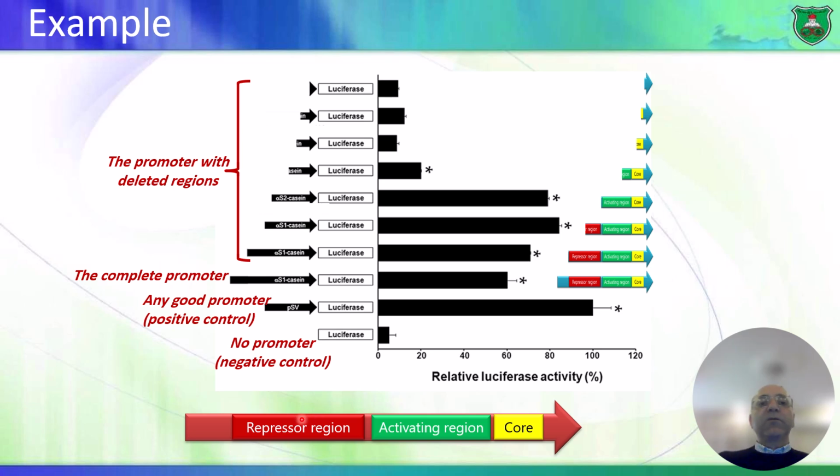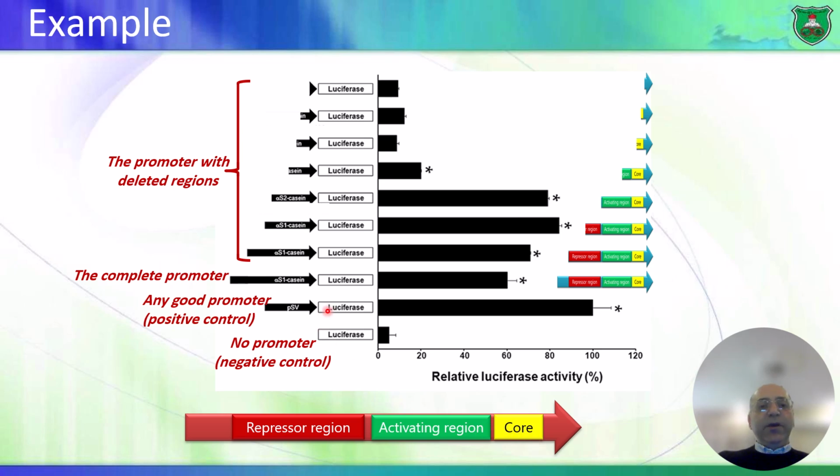And I start creating different fragments of this. I start chopping up, deleting different regions. For example, I remove part of this region, I remove this whole thing, I remove this core promoter complex, and so on.